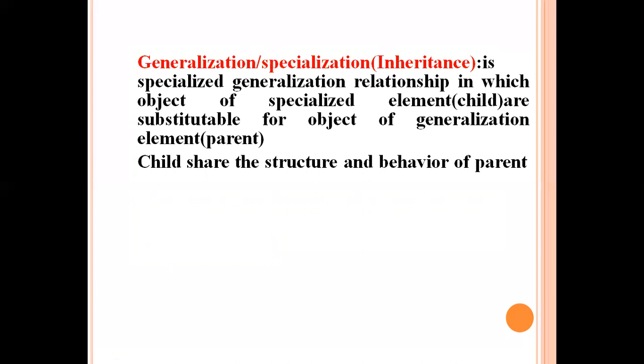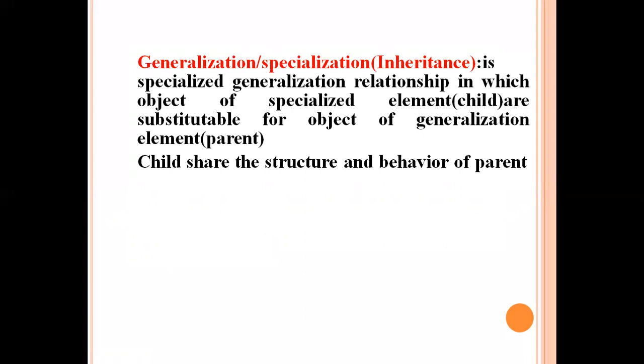So in Java language we have already studied inheritance, the relation between parent class and child class, superclass and subclass. Same, the relation between child and parent represents inheritance and specialization. In inheritance or generalization, the children inherit the behavior and attributes of the parents.